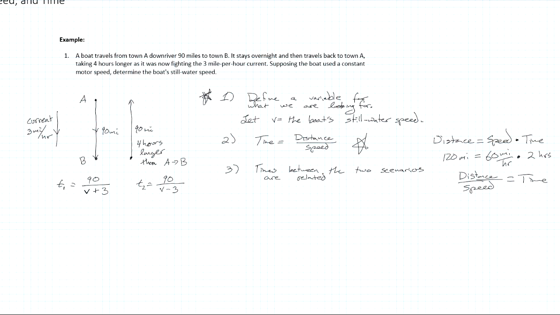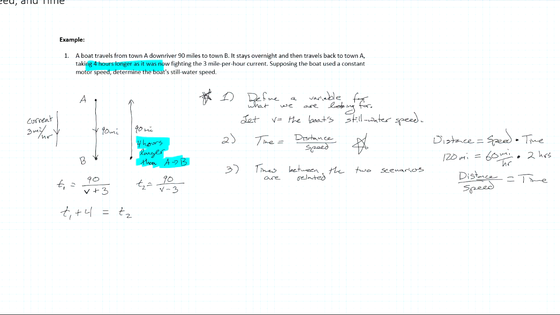The second time is 4 hours longer than it was for the first time. So if I take and add 4 hours to the first time, that will be how long it takes for the trip back, right?